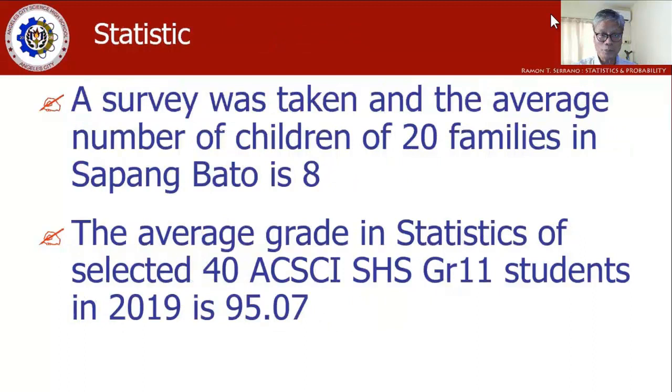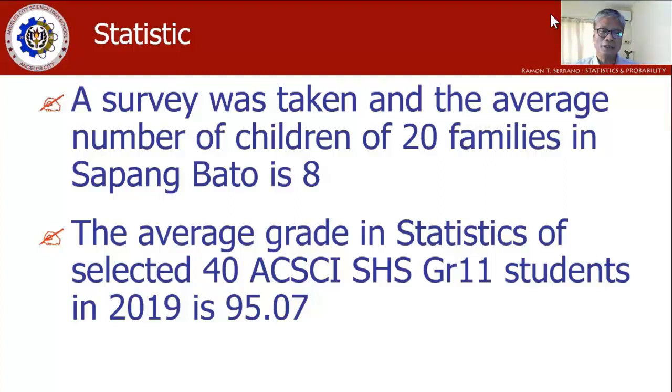An example would be a survey was taken and the average number of children of 20 families in Sapang Bato is 8. Remember, we're talking only of the 20 families that we sampled. Okay, I'm pretty sure there are more than 20 families in Sapang Bato.